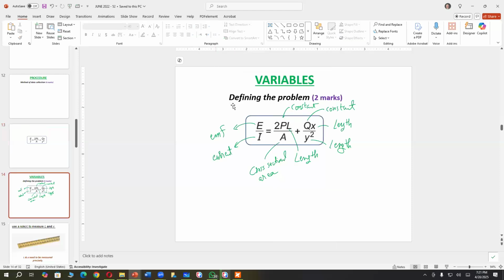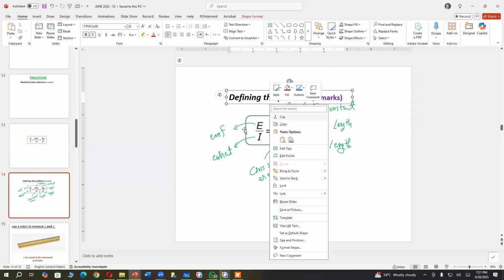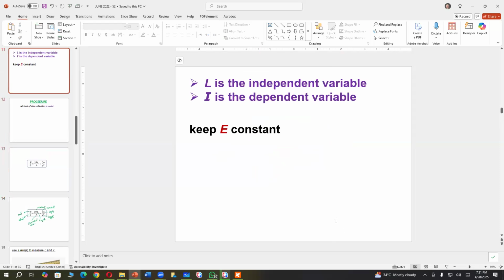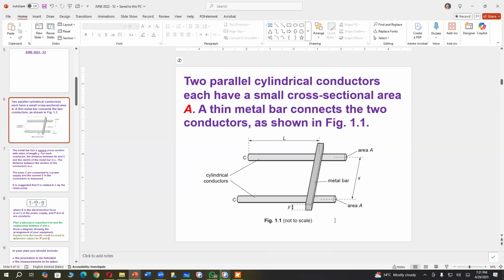In this question, they're talking about a thick rod on two metal rods. This is the question. This is the start of the question.